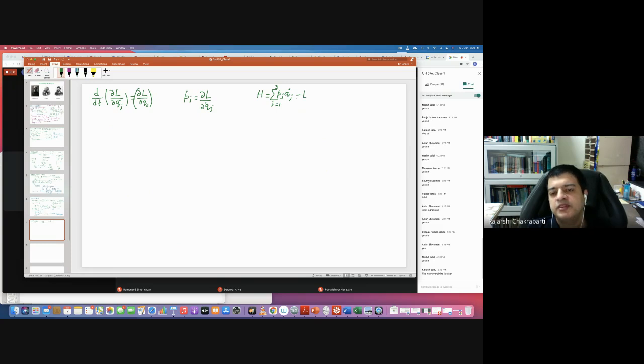Is this clear? This is the definition I had for the Hamiltonian. So if I take dH, I am doing it for a reason, because in this course you will be doing all these things. So how do you express dH?